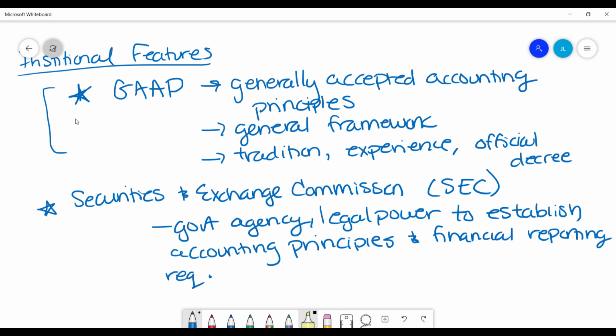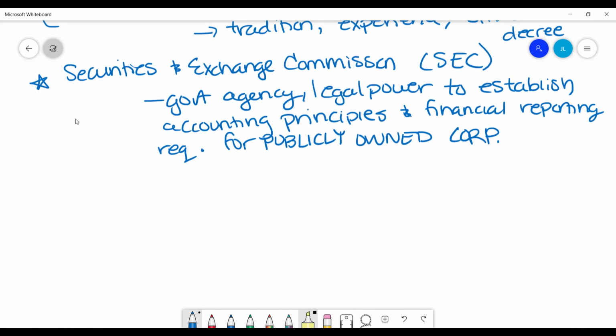Okay, the key here is for publicly owned corporations. So they basically have the power to establish all of these accounting principles, but they have delegated that responsibility.